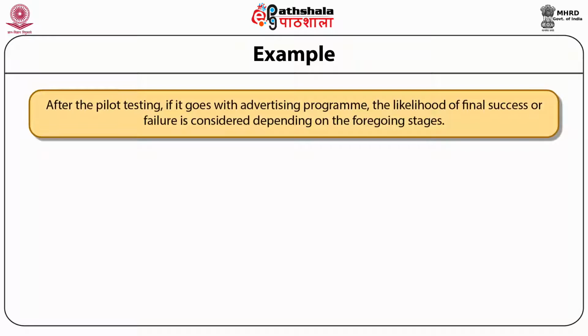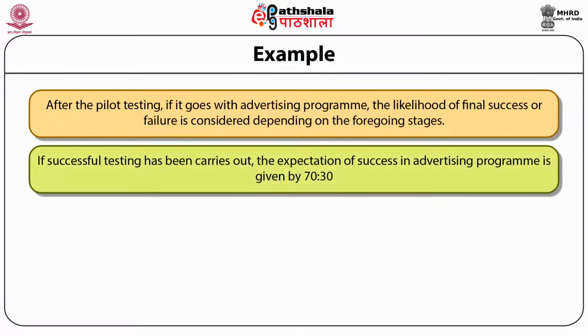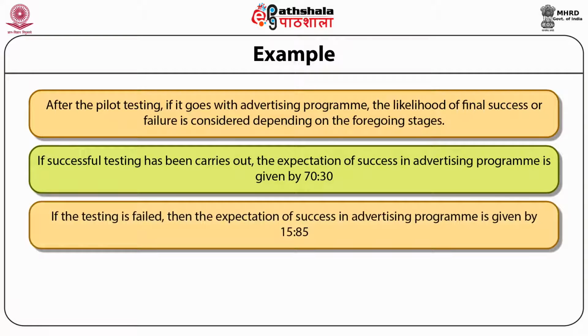After the pilot testing, if it goes with the advertising program, the likelihood of final success or failure depends on the foregoing stages. Therefore, if successful testing has been carried out, the expectation of success in the advertising program is given by 70-30. If the testing has failed, then the expectation of success in the advertising program is given by 15-85.